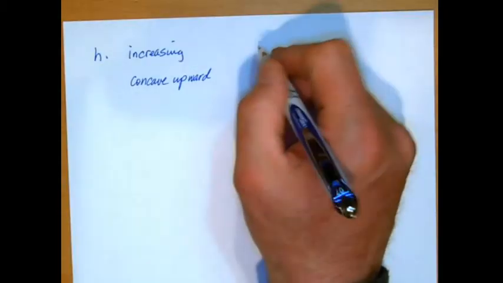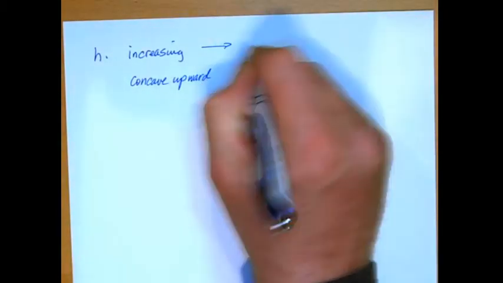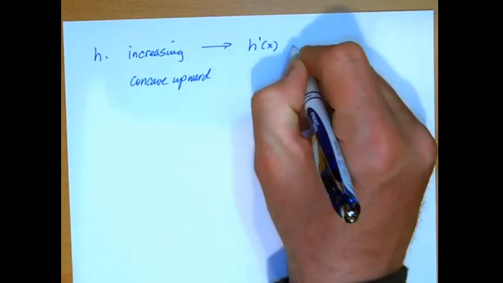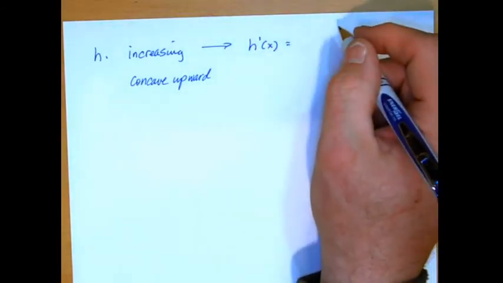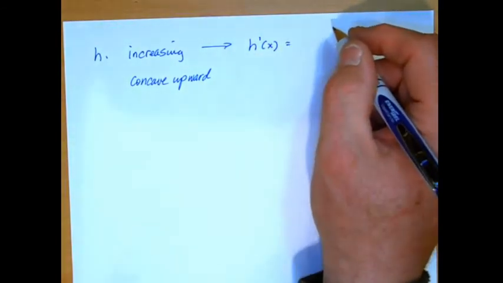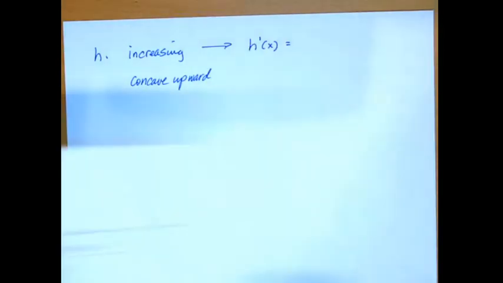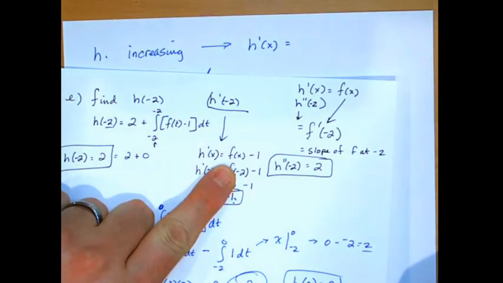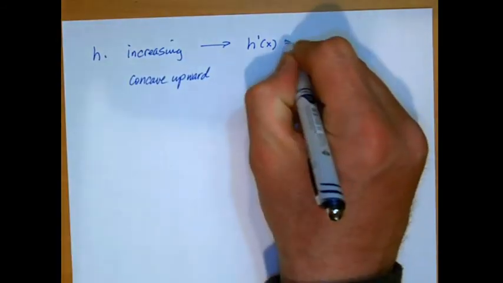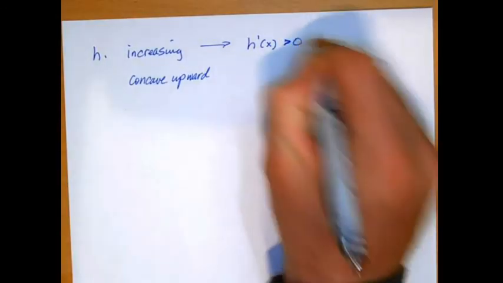So what we're looking at is we need h prime of x. Well, we know that h prime of x, from what we were looking at originally, is f of x minus 1. And we want h prime of x to be greater than 0.